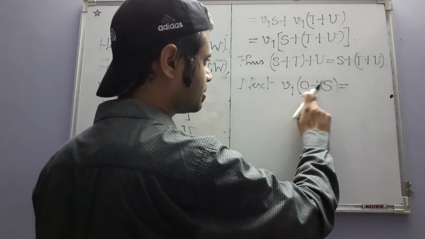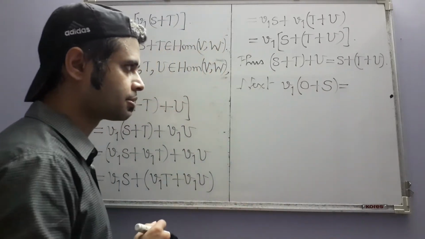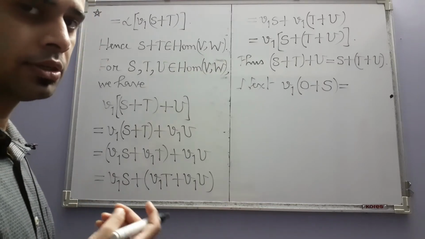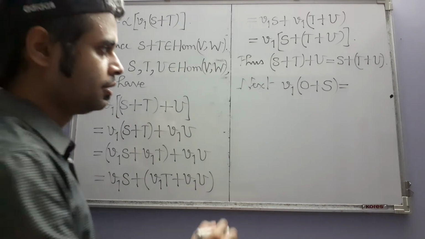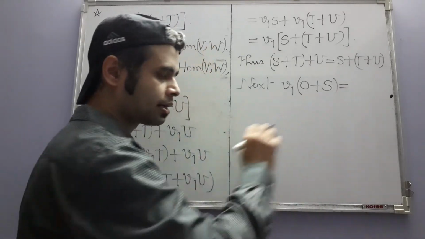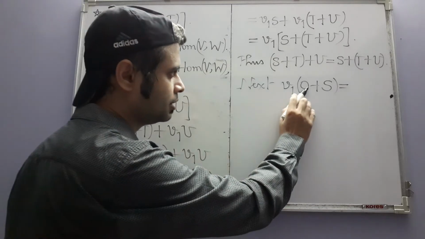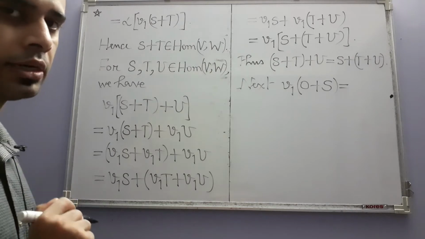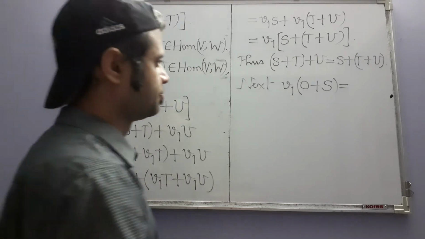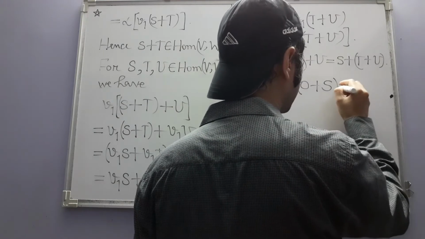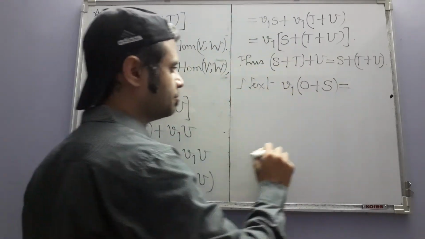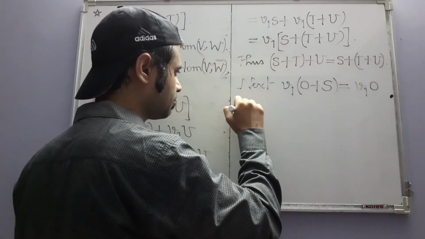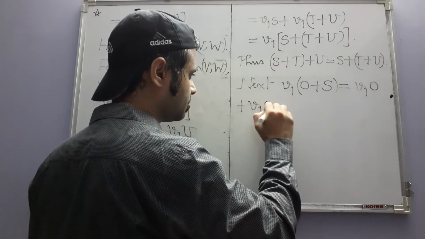For example, you see here 0 plus S, we are tempted to write simply S, but that is something we need to first of all show. Here 0 is not an ordinary number 0, it will be equal to S, but that's what we are now going to show, and that is why in fact we are using this symbol 0 to denote the 0 function. It behaves like the ordinary number 0 with respect to all these things. So the only thing we can now do is apply the definition of sum. So this will be the 0 function image of V1 plus the S image of V1.